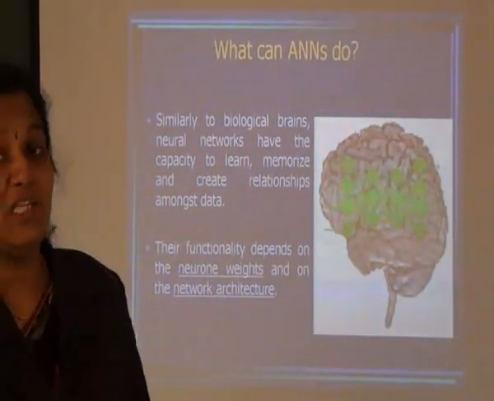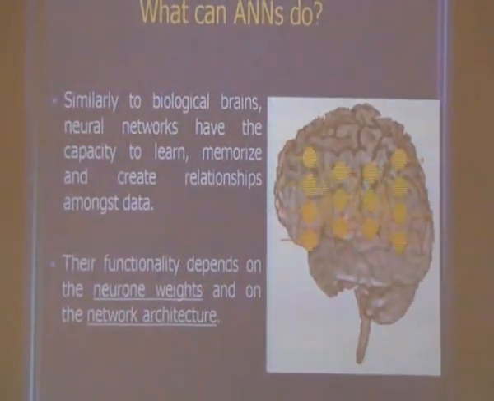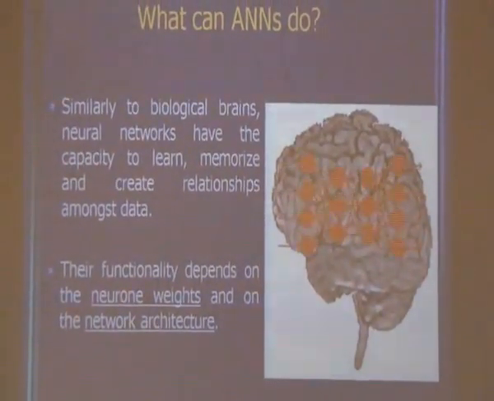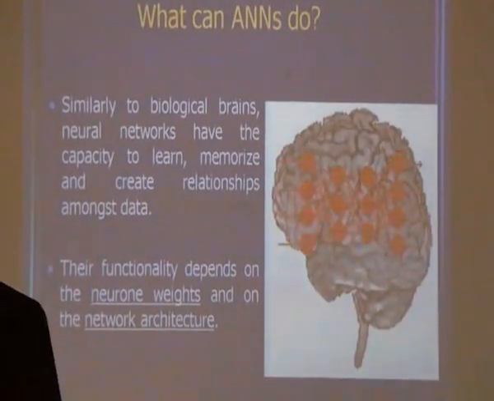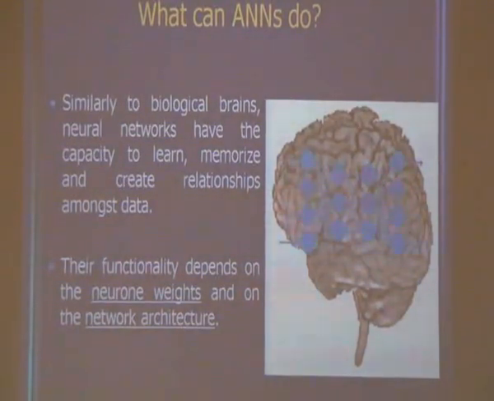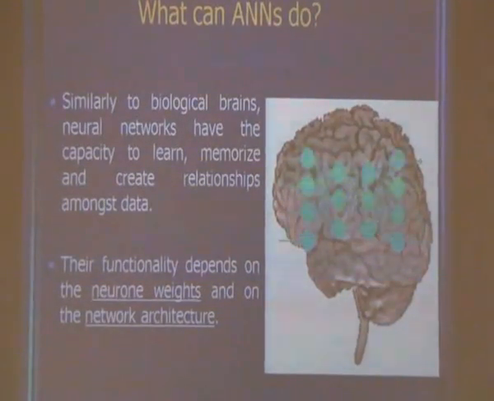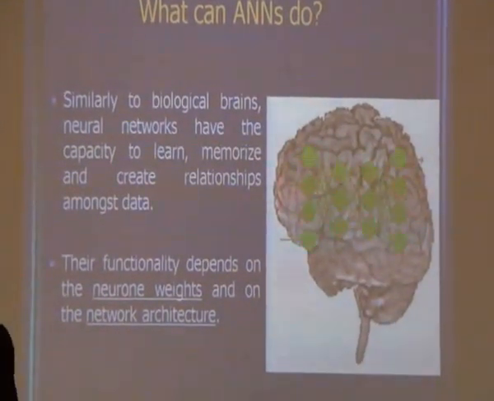Similar to the biological brain, a neural network has the capacity to learn, memorize and create relationships among the data. That's it. Like a human being, it is able to learn, memorize and create relationships among the data. How it works, the functionality, depends upon the neuron weights and the architecture.